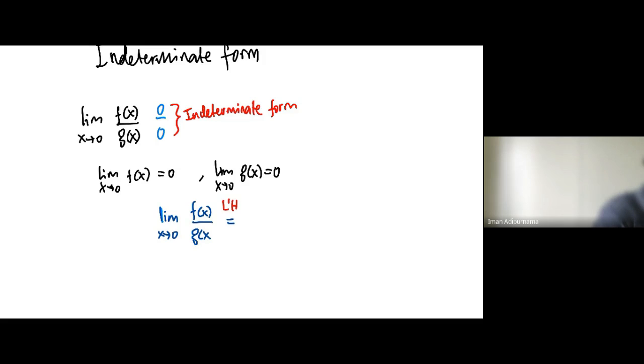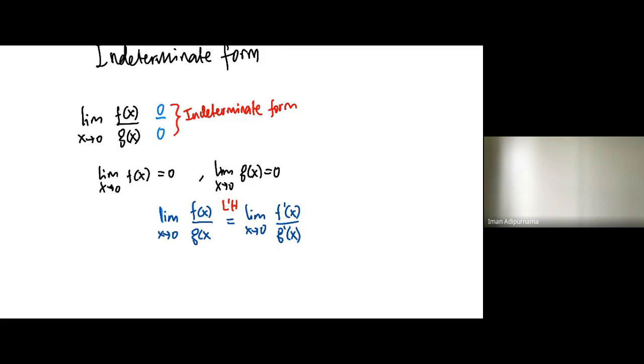So LH means the L'Hopital process. This will become the derivative of each function. So this is a simple way to look at it. And I will give you why this is the first derivative.